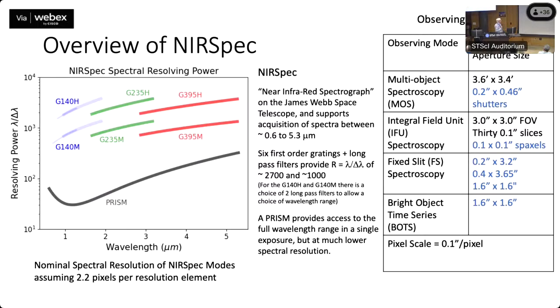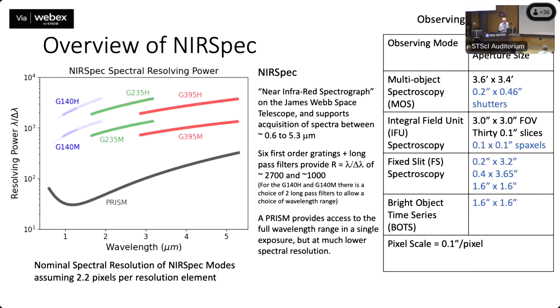Since not everyone's familiar with NIRSpec, I just thought I'd give a very quick overview of what NIRSpec does. It's the near-infrared spectrograph on the James Webb Space Telescope. It covers from about 0.6 to 5.3 microns. It has 6 different gratings in 3 bands.